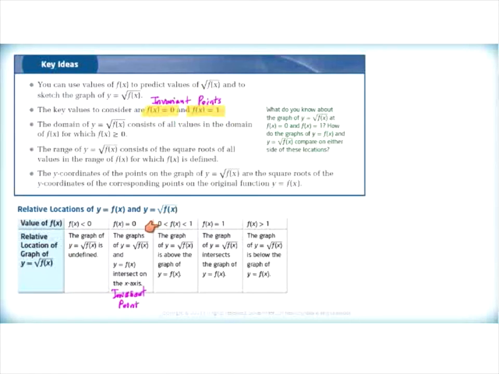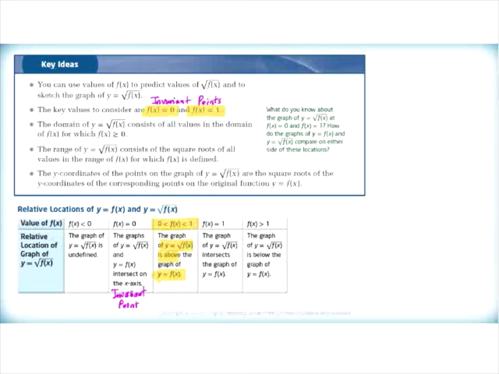When f of x is between 0 and 1, note that the graph of the square root function is above the graph of y equals f of x, the original function. That's an important statement when you're sketching the graph. So between 0 and 1, the graph of y equals the square root function is above the graph of the original function.